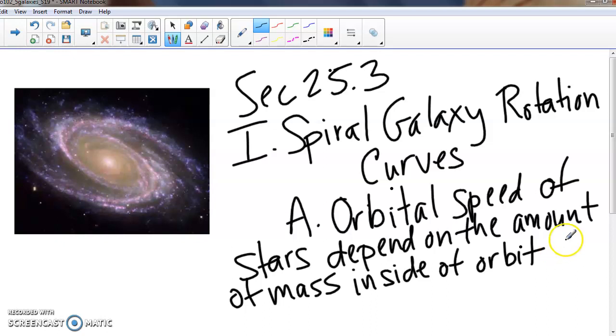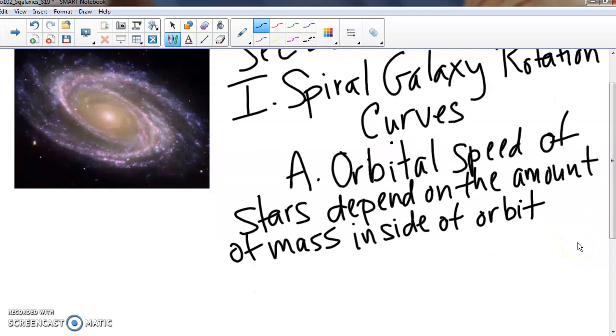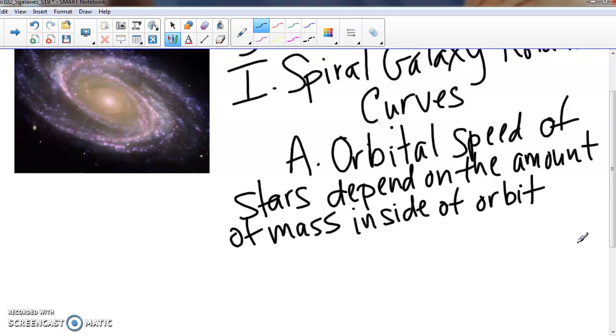And just to be totally complete about that, it depends on mass. So the amount of mass inside the orbit and the distance from that mass.